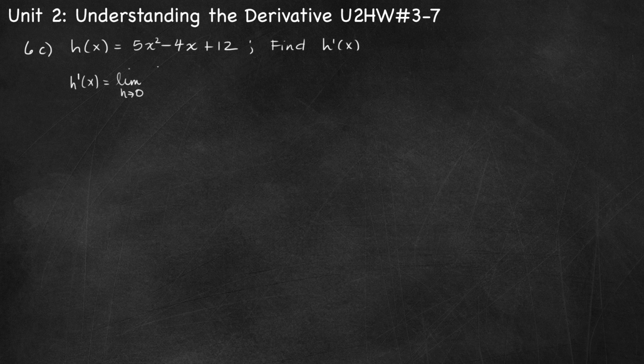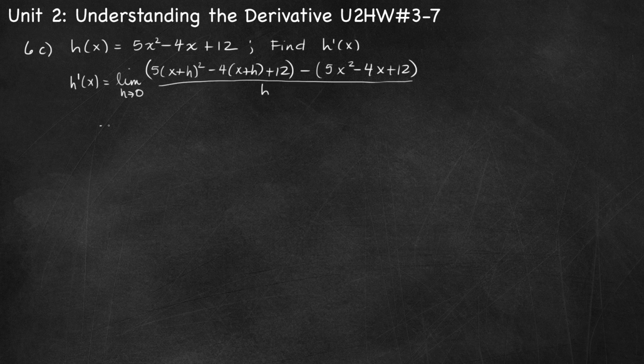So we have 5 times x plus h squared minus 4 times x plus h plus 12. That's my function evaluated at x plus h, minus the original function, 5x squared minus 4x plus 12, and all of that over h. Okay, so we need to simplify our numerator.